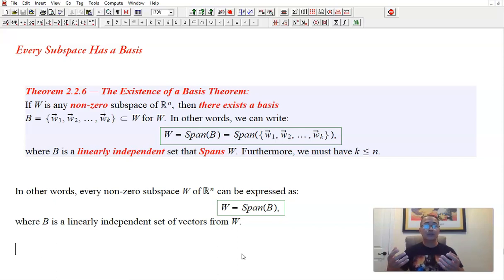So in general, as you will see in the proof of this theorem, you might have to keep going. So if you're in R7, for example, maybe you need 5 vectors to make a basis for your subspace. But you need what's called the extension theorem to keep adding vectors to your basis. So you start out with 1 vector.